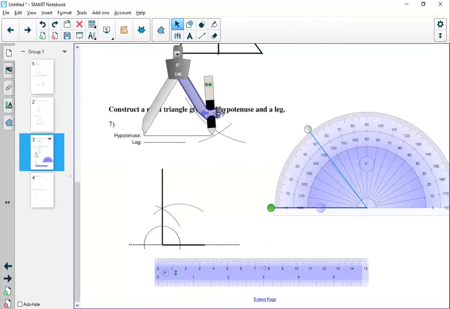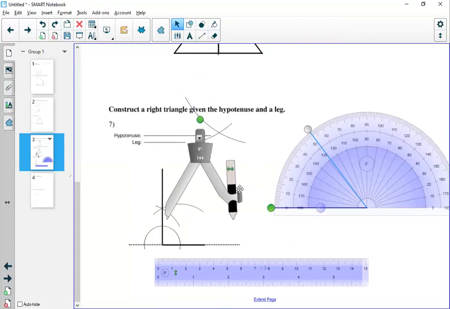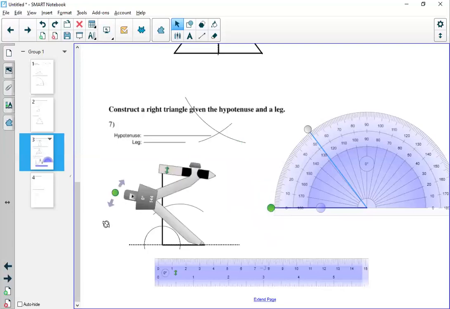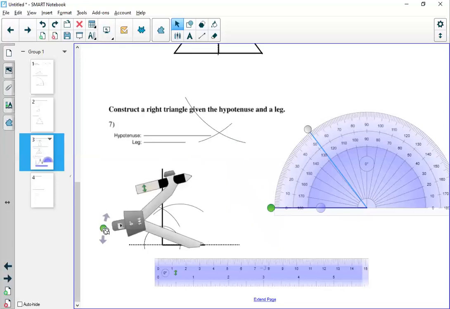There we go. Let it be exactly the length. Now place it at the end of the leg of the triangle. Then draw an arc to intersect the straight line. Draw an arc like this.